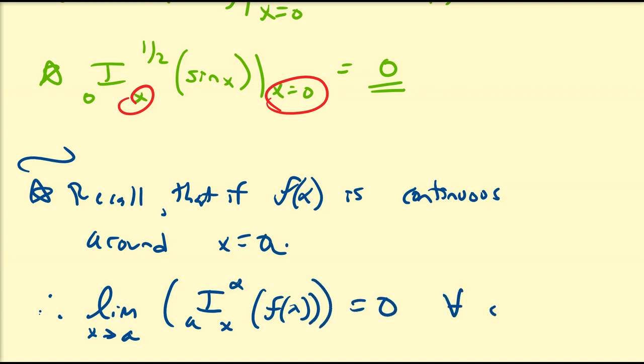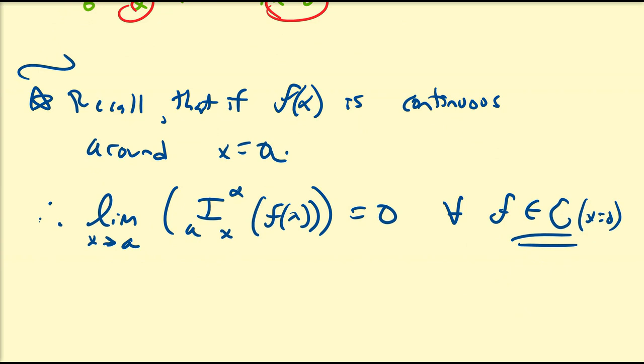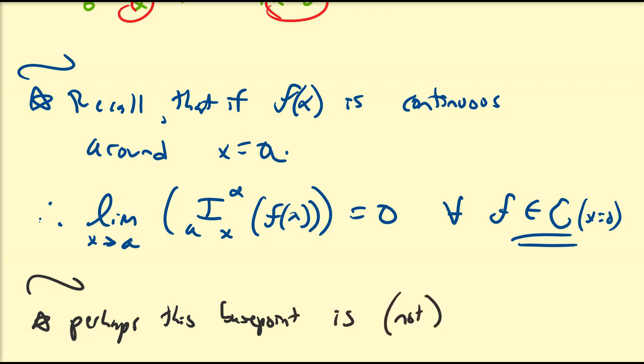And this is going to be true for all continuous functions around that point, right? Different ways to notate that, right? So what does this mean? So perhaps this base point is, or is not, what we want. Again, question mark, right?